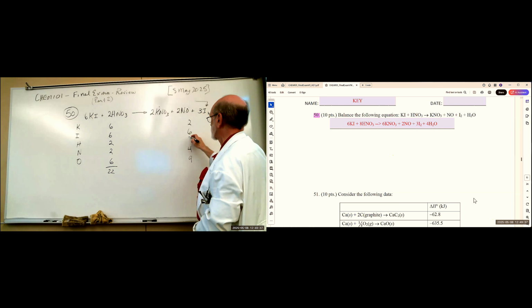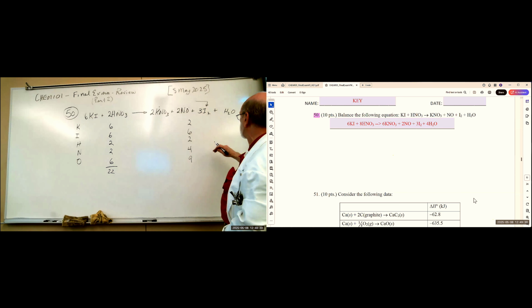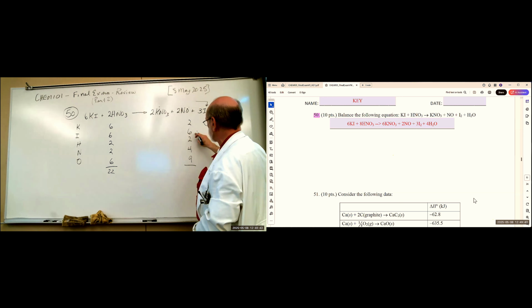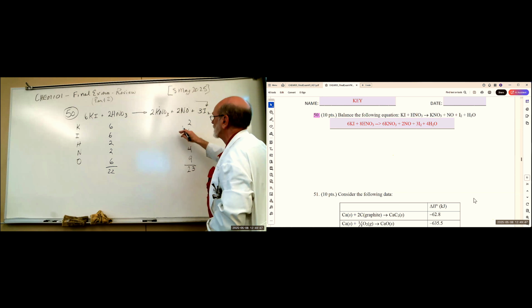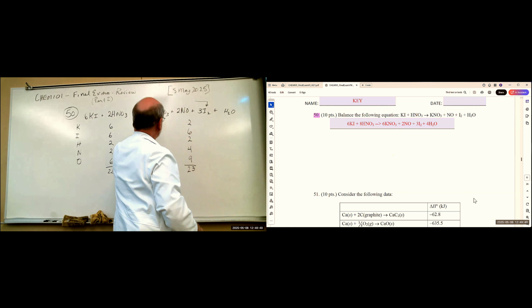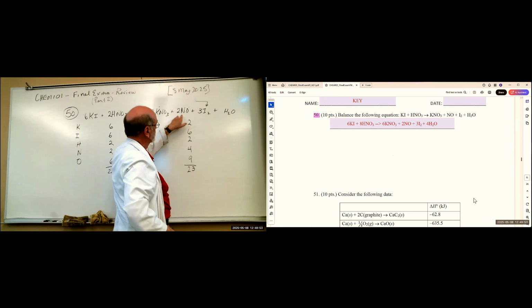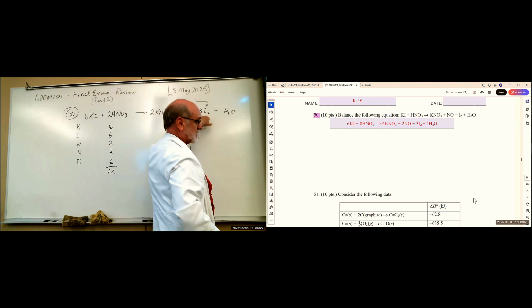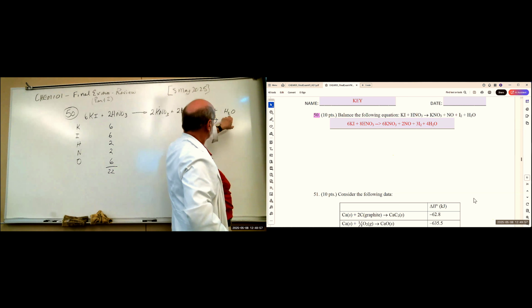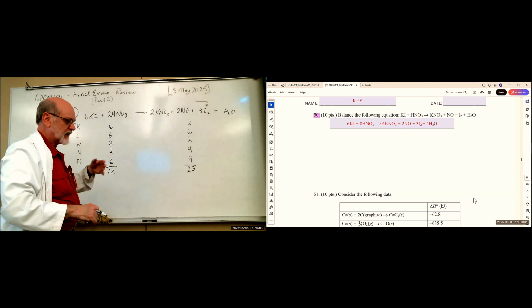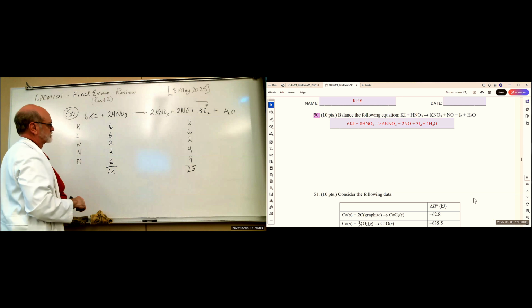We have 2 hydrogens. There we go. Now we should have, let's see, 13, 14, 15, 16, 17, 23. Let's see if we got 23. 2, 4, 6 is 10, 12, 14, and 6 is 20, 21, 22, 23. Okay. So we've done the initial tally correctly.